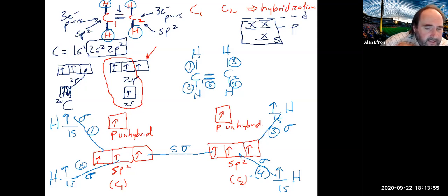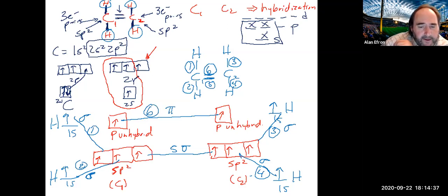Now, we have 5 sigma bonds, but we have a second line that makes the double bond. And the double bond, as you can see, cannot be made up of any of our hybrid orbitals. We basically accounted for all the electrons in our hybrid orbitals. So what happens when we make that 6th bond here is what is known as a pi bond. A pi bond happens from the only 2 electrons that are left, the 2 unhybridized p orbitals here. So these 2 unhybridized p orbitals make bond number 6, a pi bond.